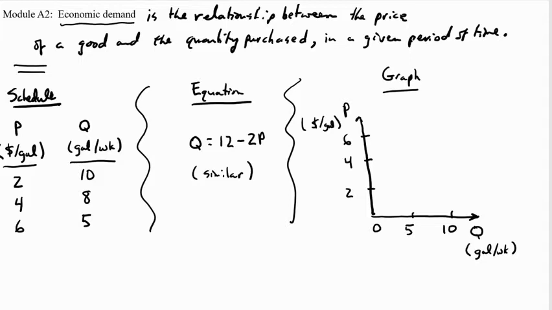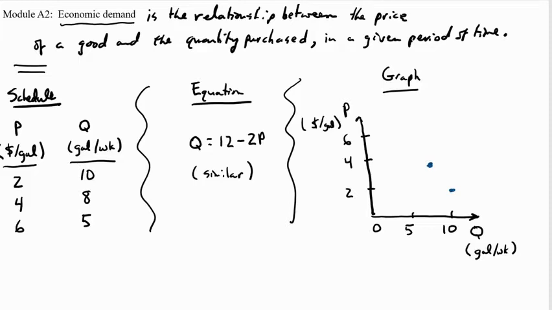Now we can label from the schedule exactly what this household might choose to purchase. If the price is $2 per gallon, then this household would choose to purchase 10 gallons per week. If instead the price were $4 per gallon, then we go over to 8 gallons per week, and that would be the choice.